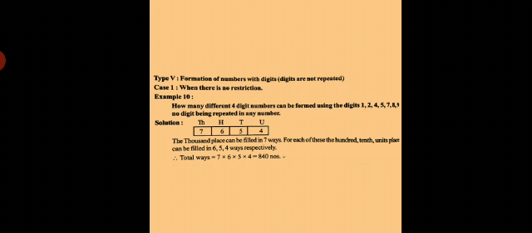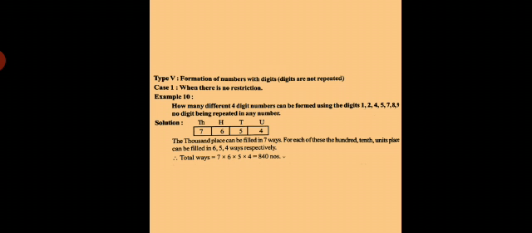So the next possibility is 6, then 5, then 4. Like that, one digit becomes less than the previous one. No digit being repeated is given in the question, so be careful. The thousands place can be filled in 7 different ways. For each of these, the hundreds, tens and units places can be filled in 6, 5, 4 ways respectively.